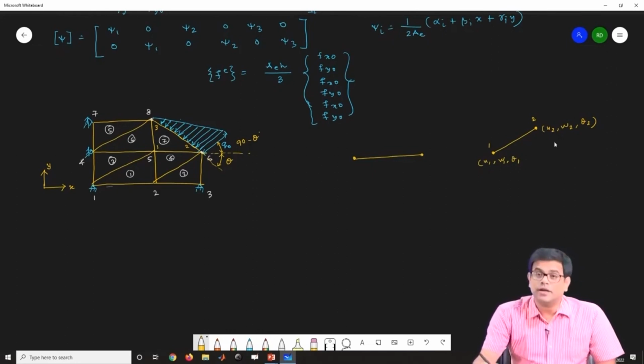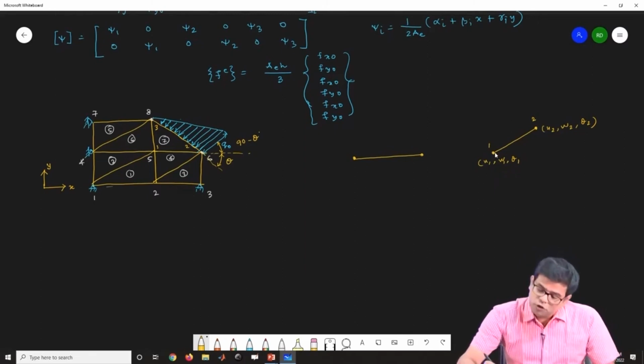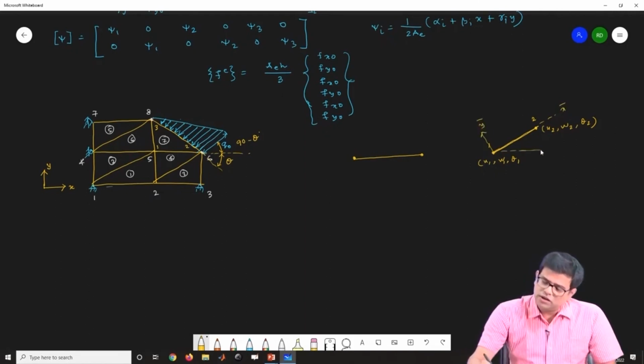I am just discussing the 2D frame. Then you compute the force vector in the local coordinate system, that is your x bar, y bar system, and you convert this into the global system, that is x and y. So how do we convert this?